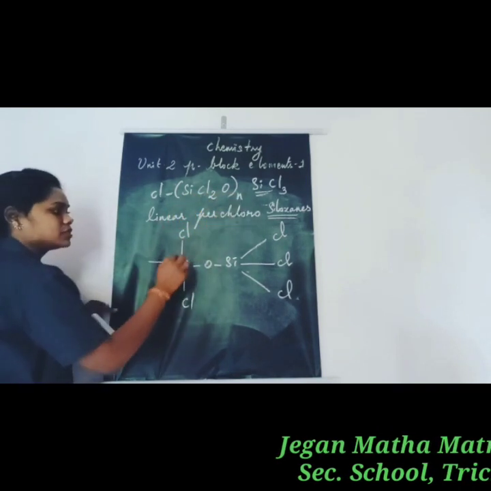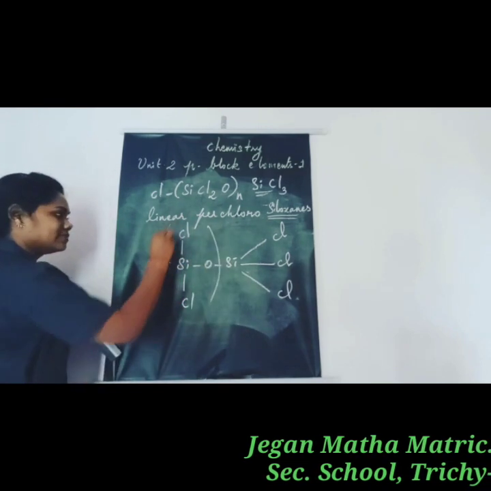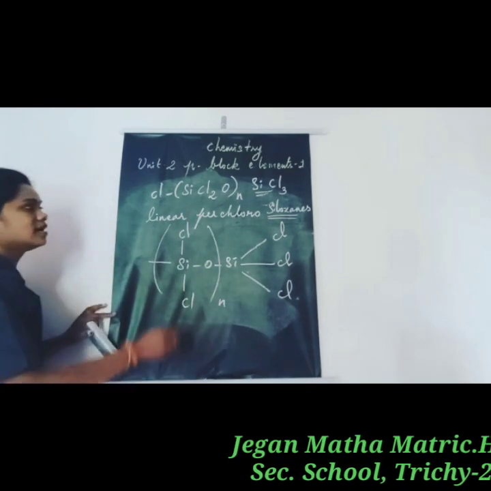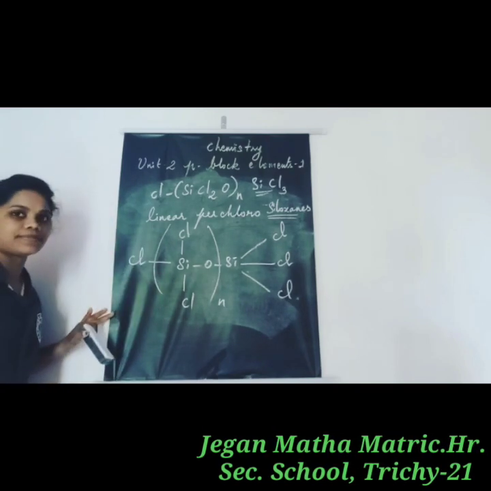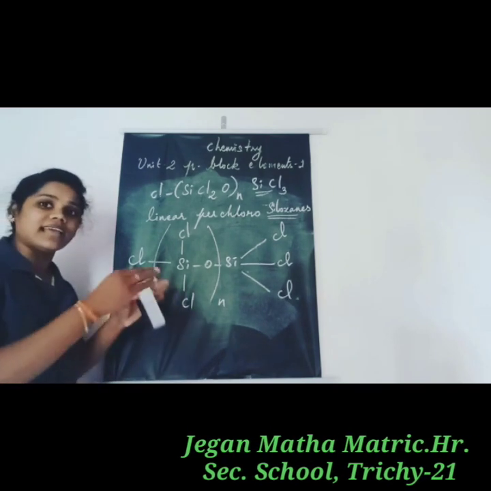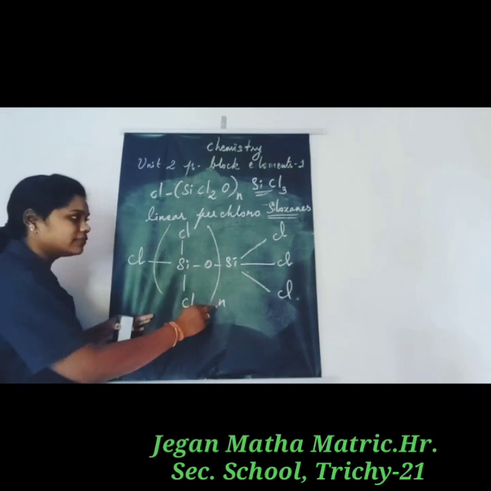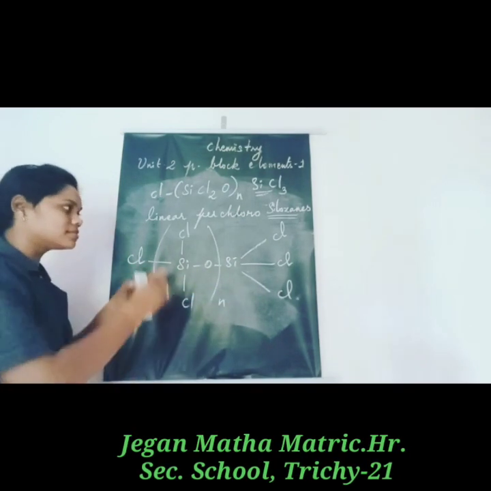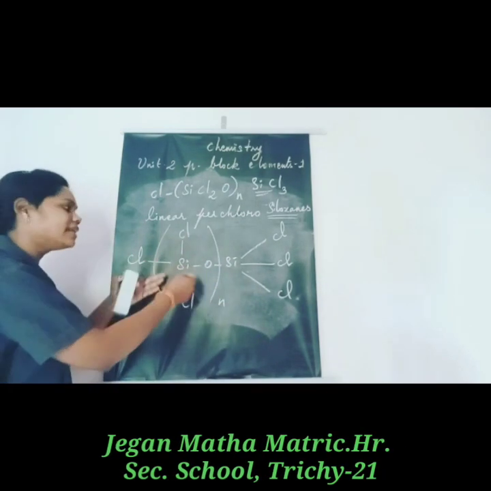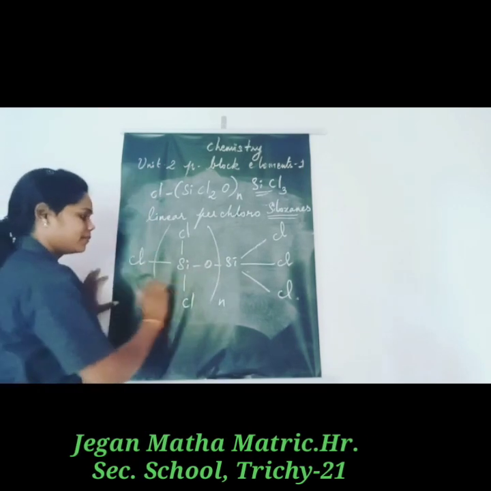SiCl2O n times. So SiCl2 times O, that is n times. So here n times. And next one another one Cl. So here Cl. And then here n is equal to 1 to 6. Suppose here n is equal to 1, it means like this structure. Suppose n is equal to 2, same structure repeated, another SiO, the Si functional group is present here.